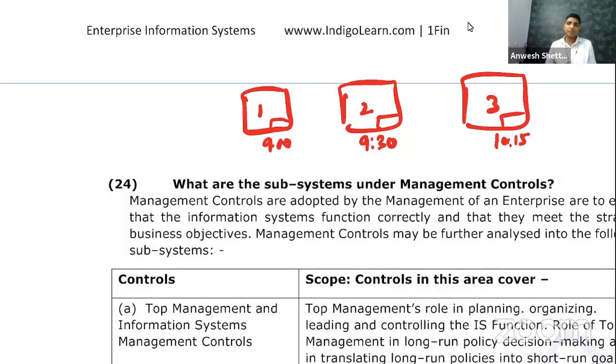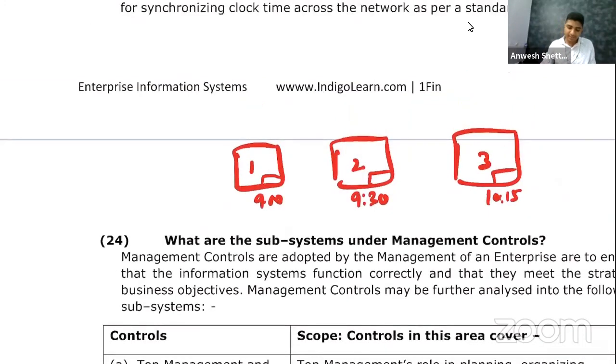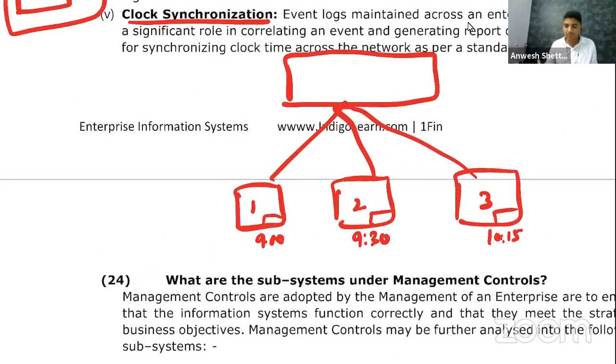If you're a student and you have to go to school early, normally they keep the clock 10 minutes ahead of the right time. But here the problem is all the computers are connected to a network, and there is one department which monitors all these 3 computers.